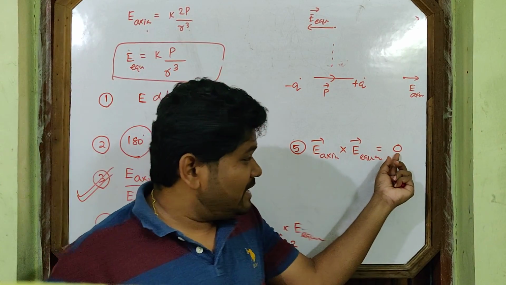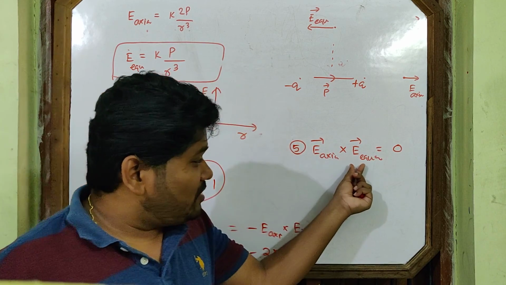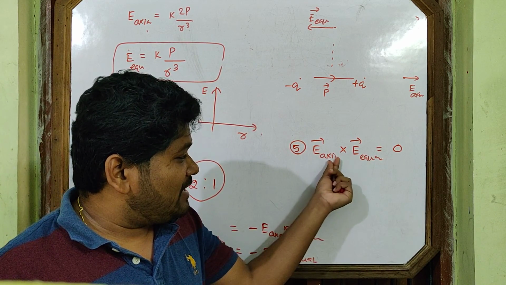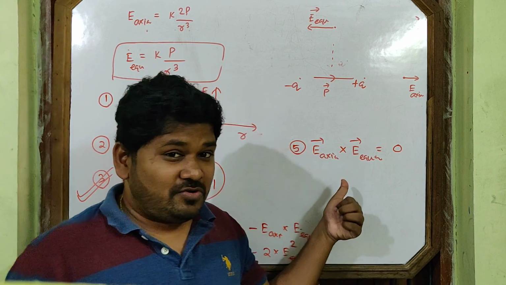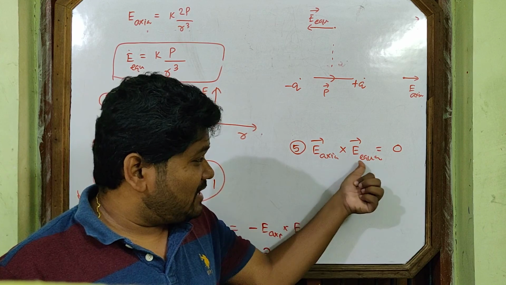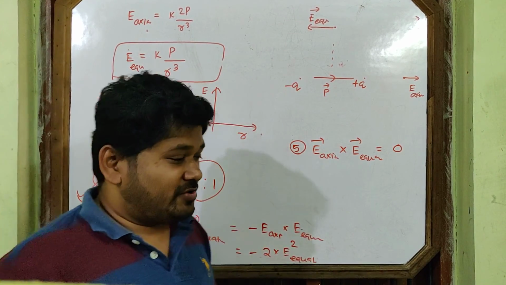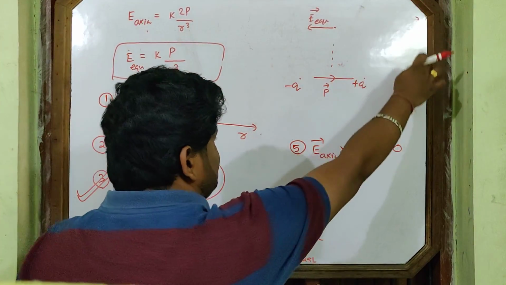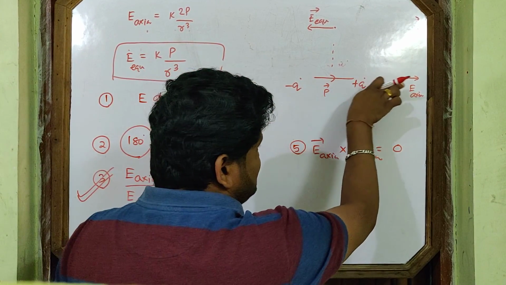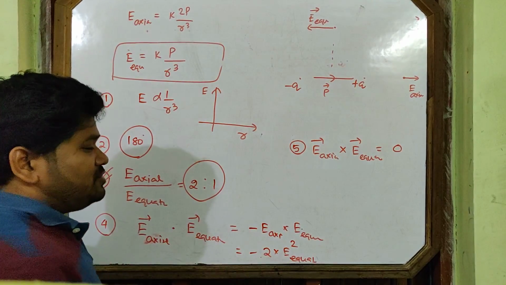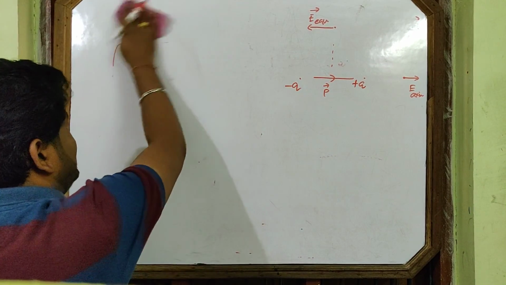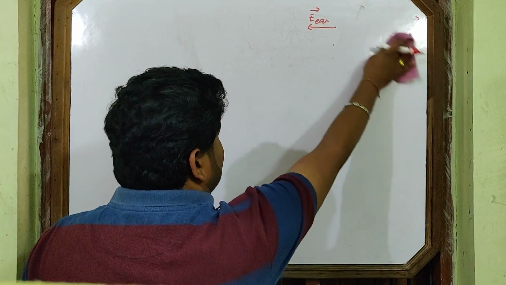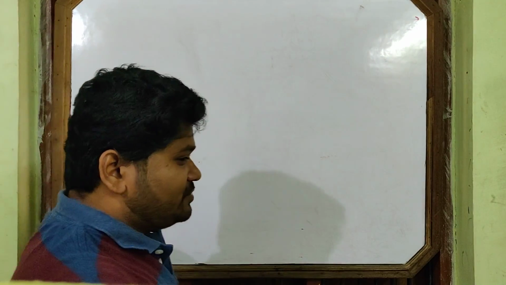This question only tests whether you know the angle between E axial and E equatorial. So remember, this diagram is very conceptual. The dipole moment is here, E axial is in the same direction, but E equatorial will be opposite to the dipole moment. So this is about the intensity on the axial line and on the equatorial line due to an electric dipole.